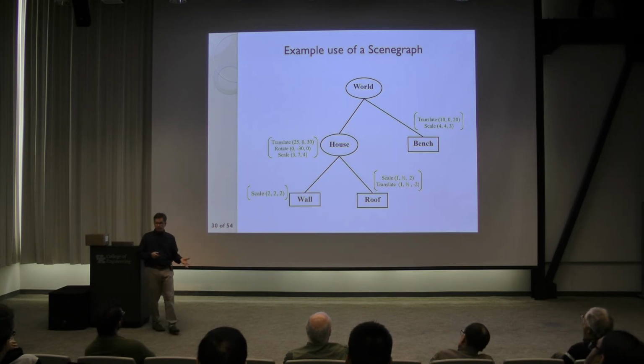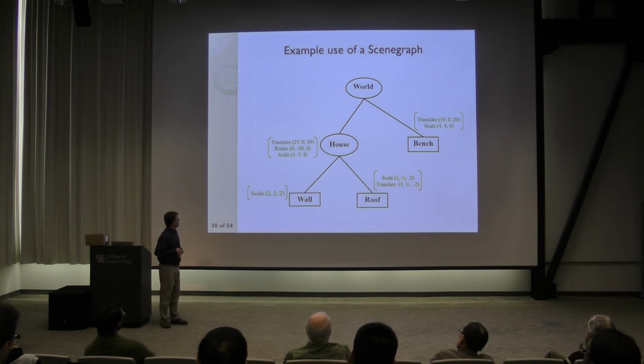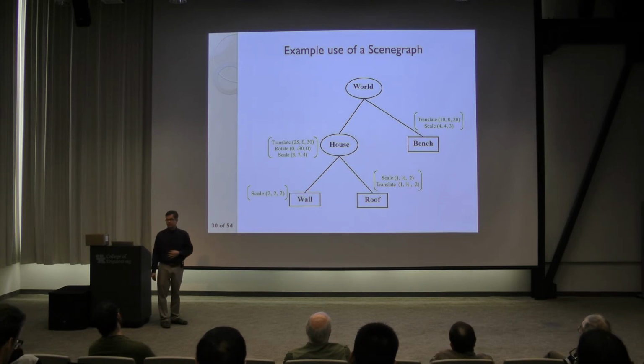And then there's the view matrix that has to be multiplied in as well. What the scene graph does is it says, okay, what is the actual position of the wall? It is whatever its matrices are concatenated with its parents' matrices.